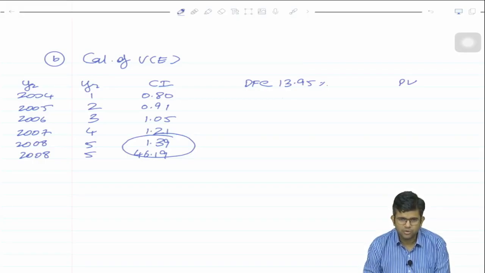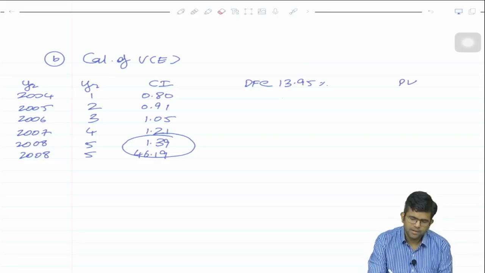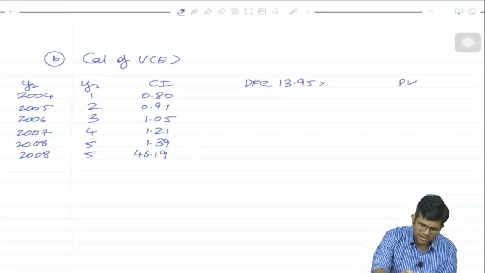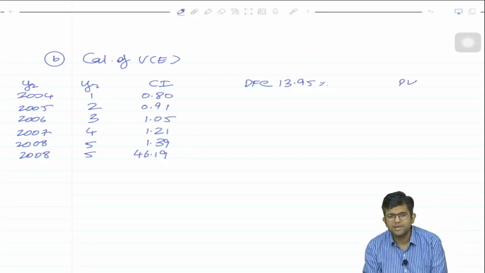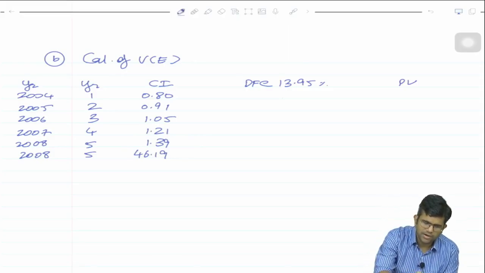But when it comes to 2008, can I say you have to change the car? You're understanding now? Your car will change now. I'm talking of the discounting factor. Discounting rate will change now. So 1 divided by 1.1395.